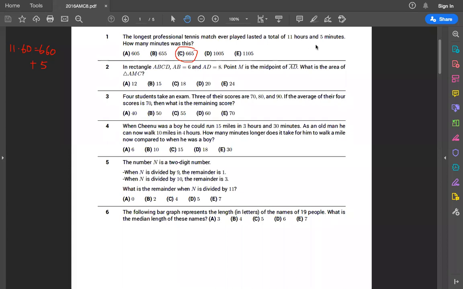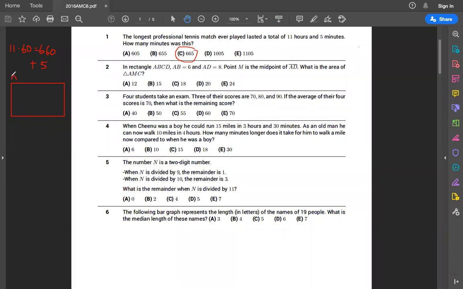Let's go on to question 2. In question 2, we're given a rectangle. We have a rectangle and its sides are 6 and 8.